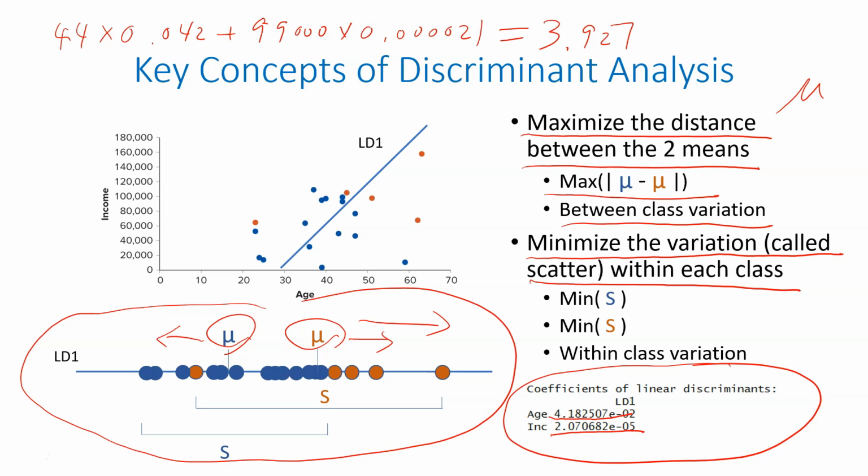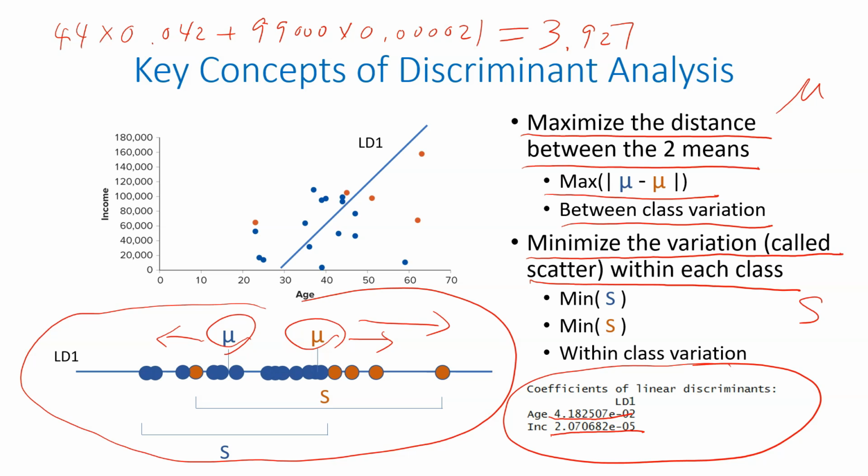Let's denote the variation within the class, or scatter, as S. And S represents the within class variation. The more spread out the class is, the larger the within class variation. The closer the cases that belong to the same class are on the new dimension, the smaller the within class variation.